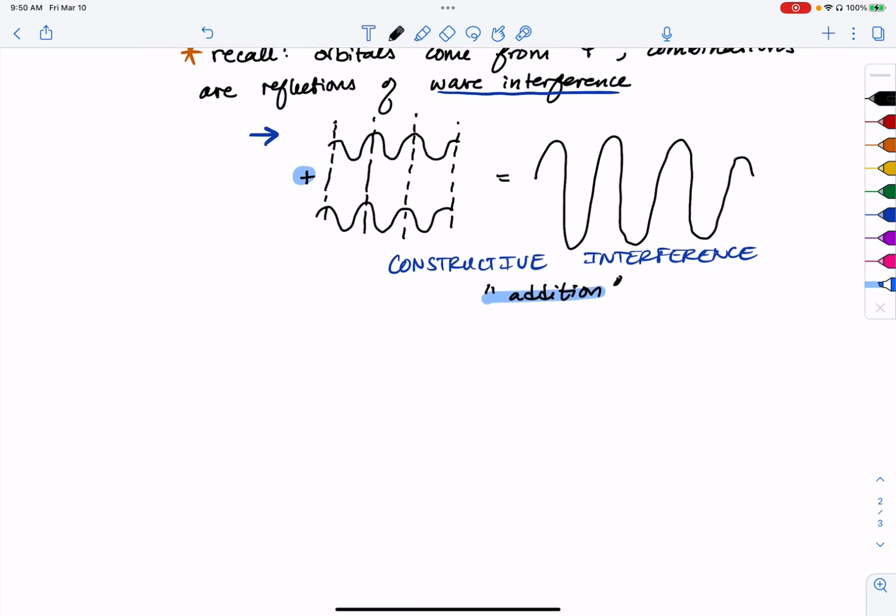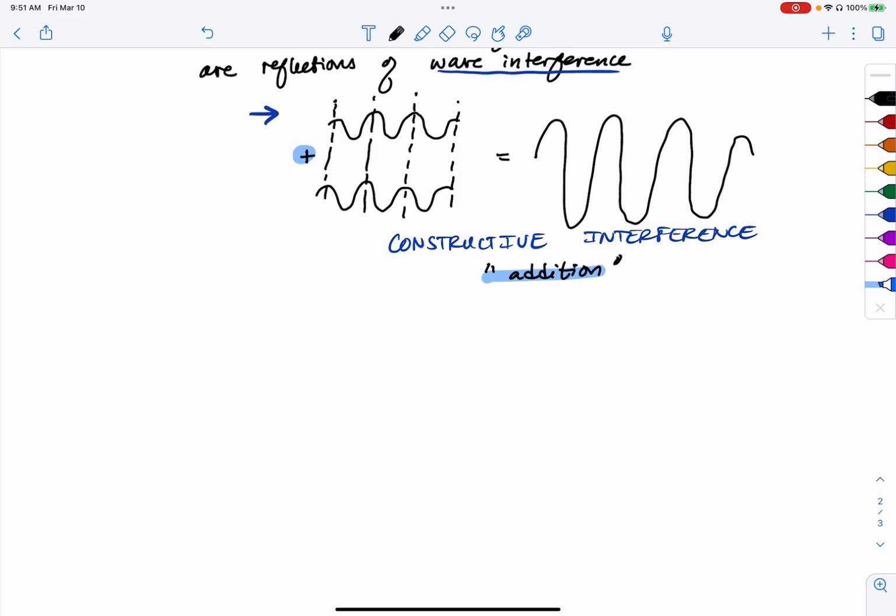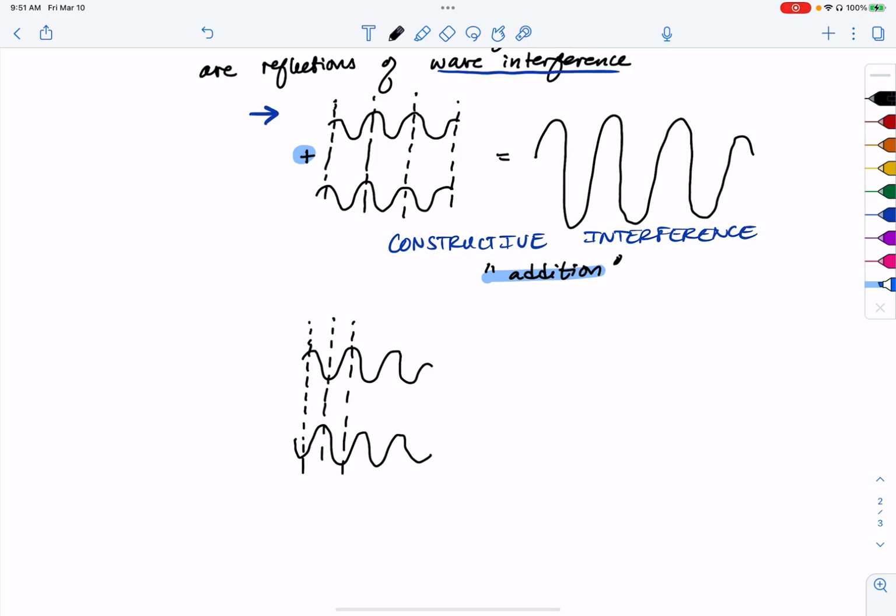We also had the anti-interference, meaning a destructive interference. So this is where we had waves that were completely out of phase with one another, meaning that for every peak of one wave, there was a corresponding valley on another. And those peaks and valleys would net cancel one another out.